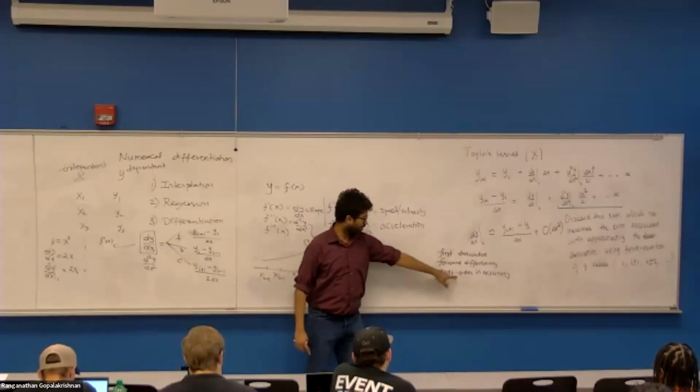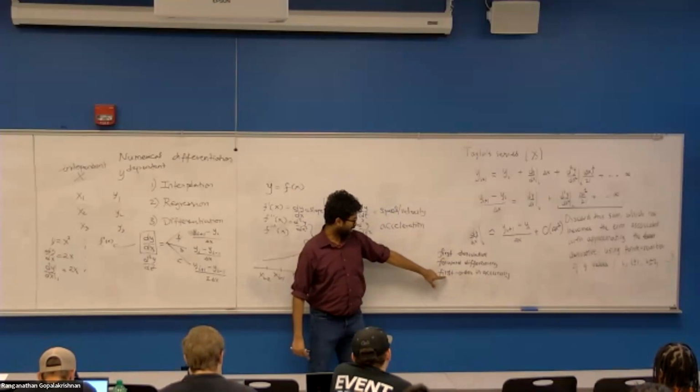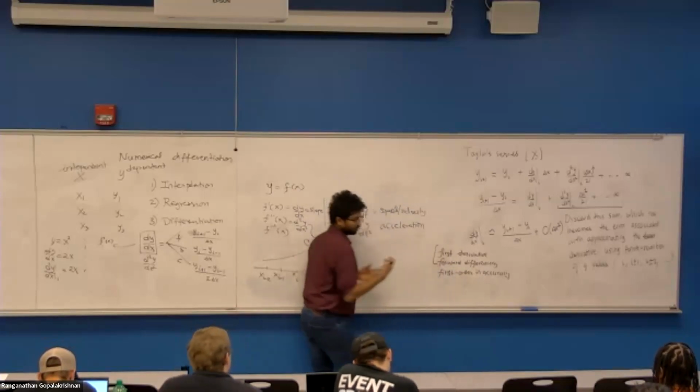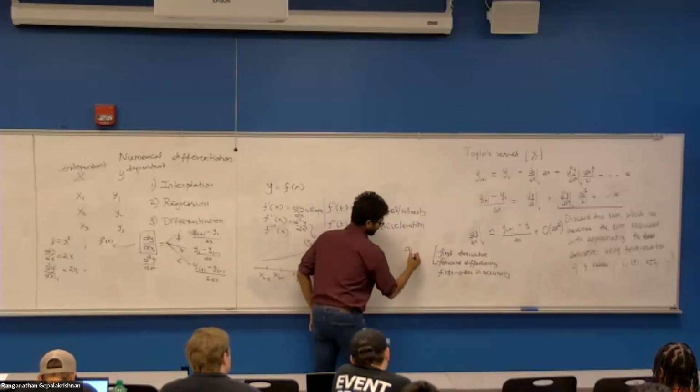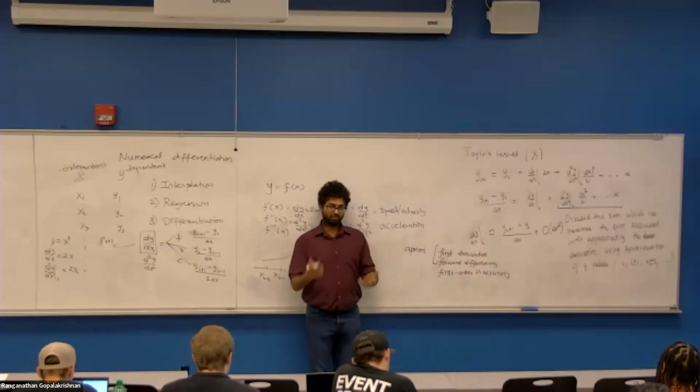So this order refers to the accuracy, and what we are saying here is that when you start your process, you decide these a priori. You want the approximation of a first derivative or a fourth derivative or a sixth derivative, whatever.